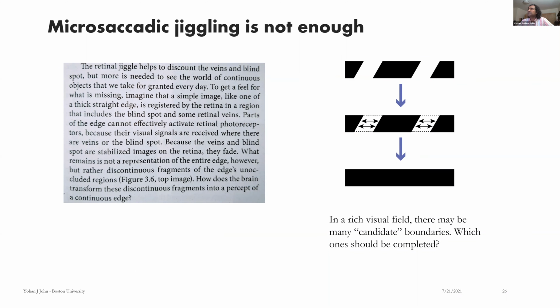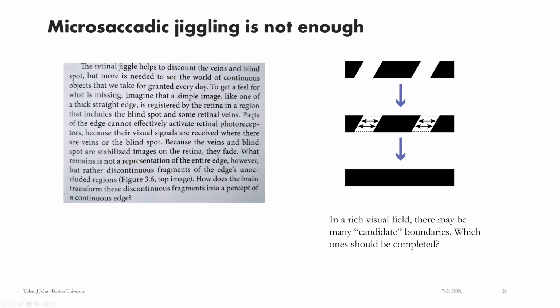So he imagines a situation where you have a straight edge, but the blind spot and retinal veins are not providing any information, or they're stabilized. So anything that's stabilized with respect to movement disappears, as we talked about. But disappearing is not the same as actually seeing something positive in a particular place.